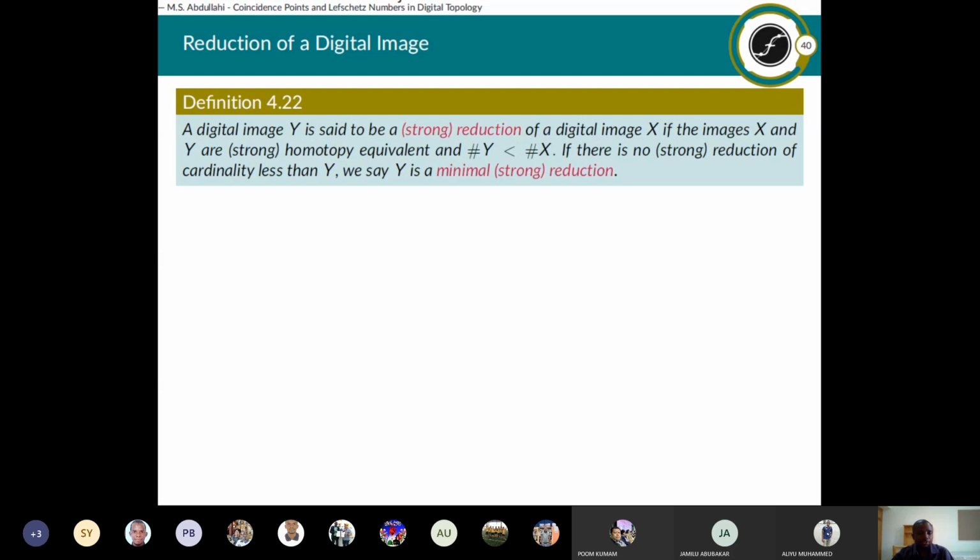A digital image Y is said to be a strong reduction, or simply a reduction, of an image X if X and Y are strong homotopy equivalent, or simply homotopy equivalent, and the number of elements in Y is less than that in X. That is the condition that guarantees Y is a reduction of X, whether strong or simple. And if we cannot have any other reduction of X which has cardinality less than Y, then we say that Y is a minimal strong reduction.